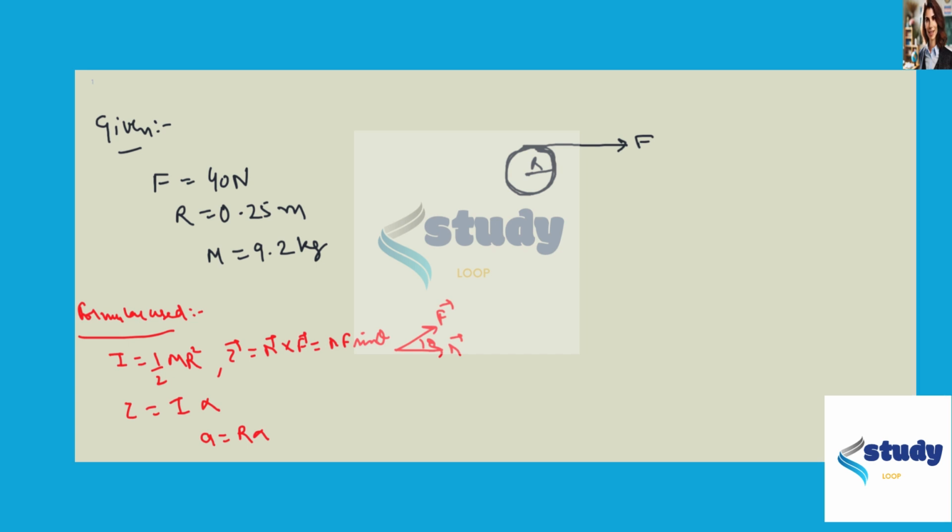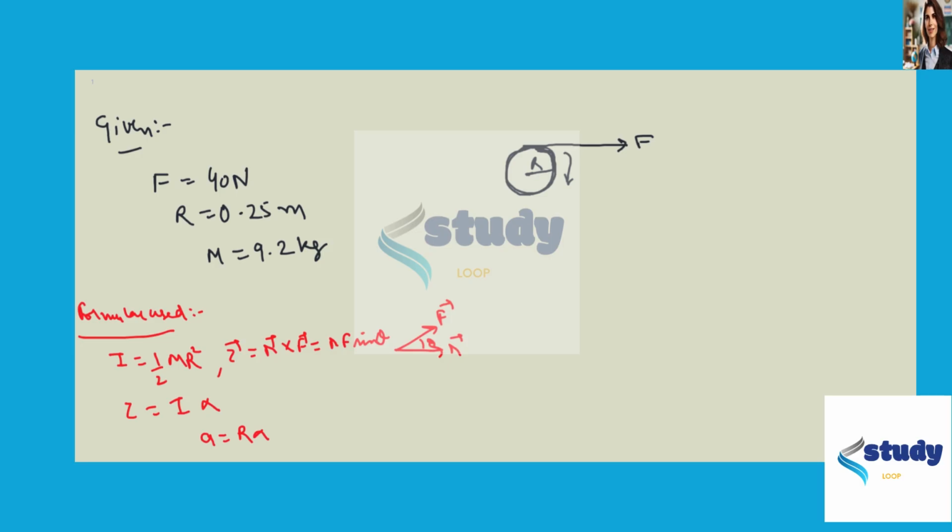So when the force is applied on this cord, the force will act on the axle and it will start rotating. The rotation starts this way because the force is acting this way.